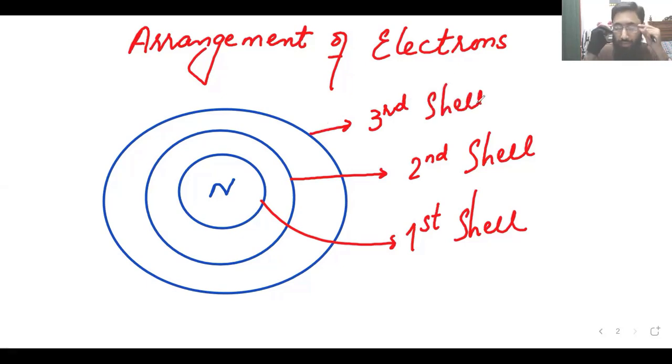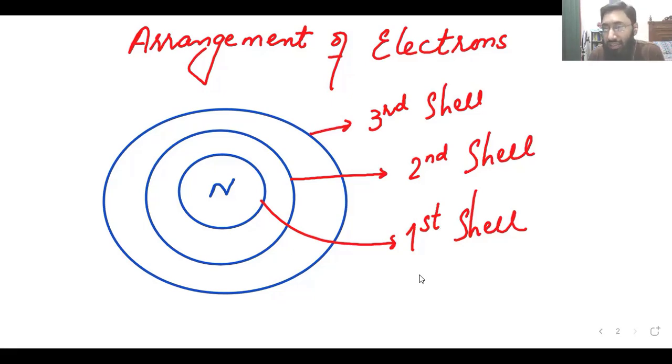Similarly, there can be a fourth shell, a fifth shell, a sixth shell, a seventh shell. And we have to arrange electrons in these shells. In this class, my dear students, we will learn how to arrange electrons in these shells. This is a big topic. Let's continue.